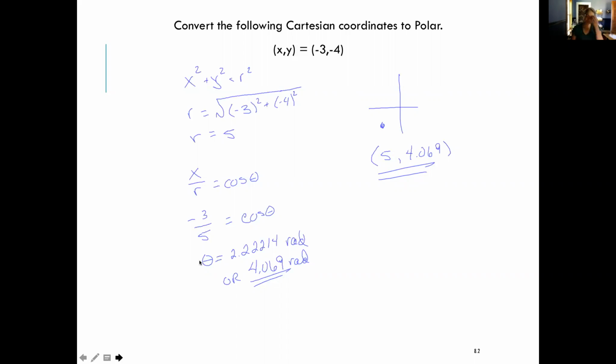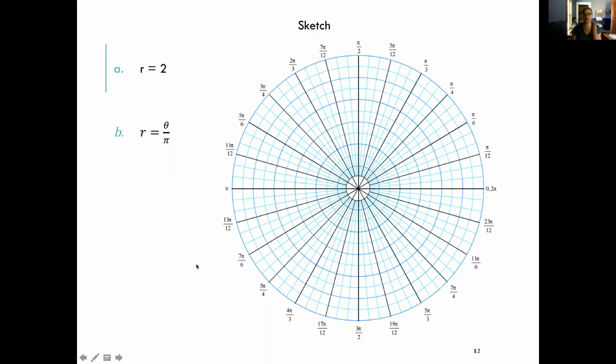So we can also sketch curves in polar coordinates, just like we can sketch lines and curves in Cartesian coordinates. And the basic form, so remember in Cartesian coordinates, if you have y equals 3, that's a horizontal line. If you have x equals 4, that's a vertical line, right? The most basic form we can make in polar coordinates is a circle.